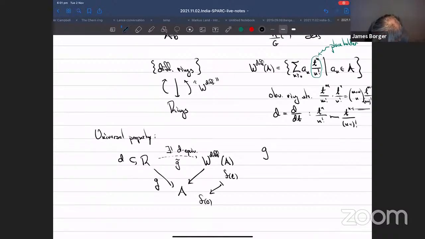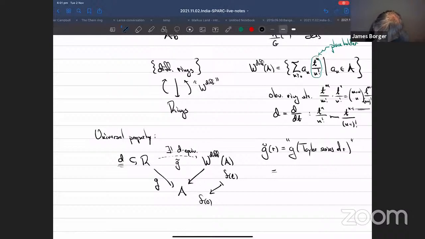So G tilde of an element R: you have a derivation here, so you can formally take a Taylor series of R, which will have coefficients in R, and then you just apply G to all the coefficients and get a Taylor series with coefficients in A. So I'll say G of the Taylor series of R.